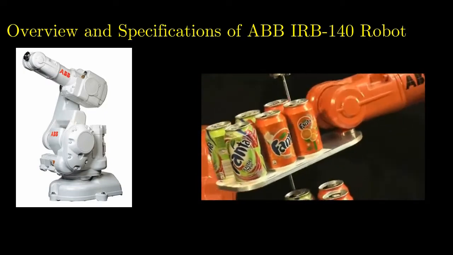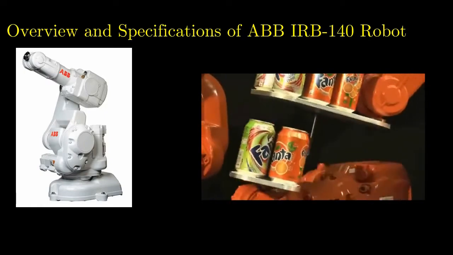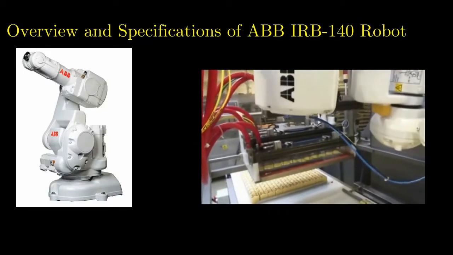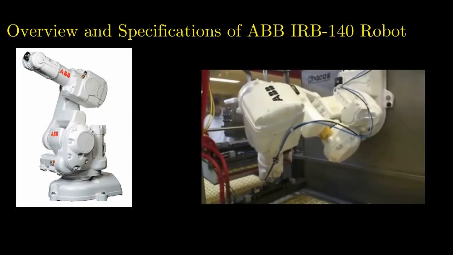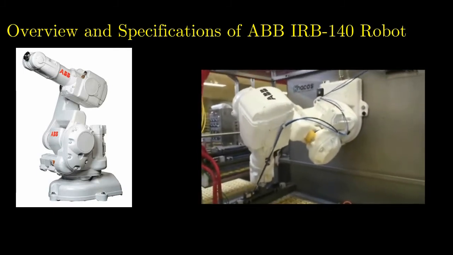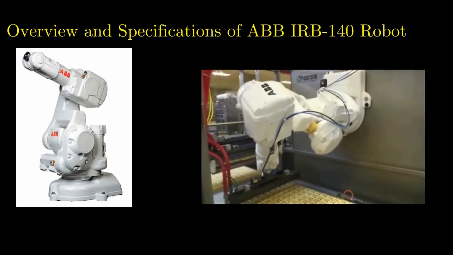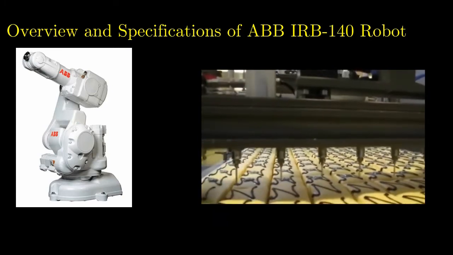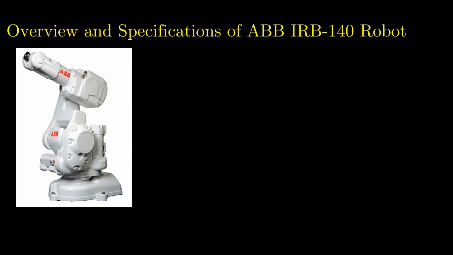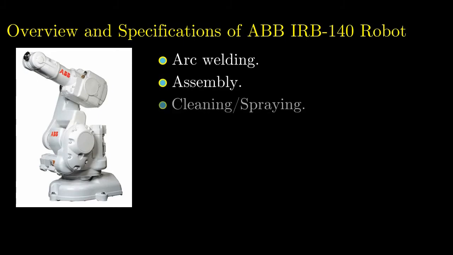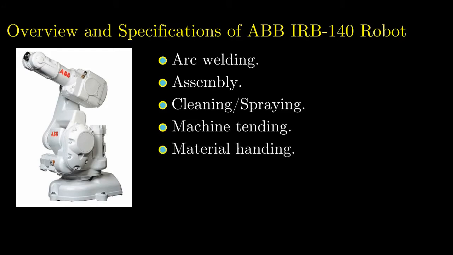Besides, this robot is fairly useful for many applications and handles a considerable quantity of versions with an integrated coupling, which makes it suitable for places such as corrosive or foundry environments, but without varying its basic configuration of 6 rotational axes. Among the main applications, we have arc welding, assembly, cleaning or spraying, machine tending, material handling, packing, and deburring.